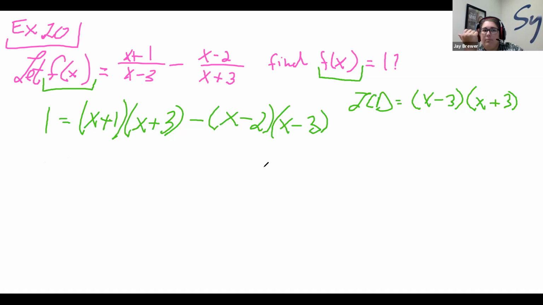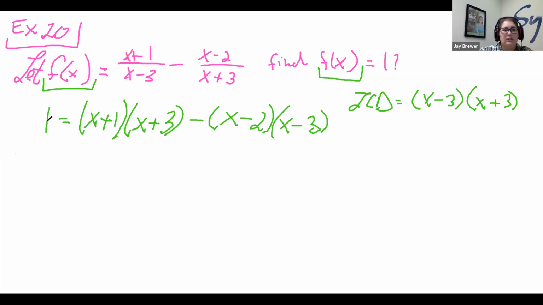We multiplied top and bottom by what? We multiplied by our LCD, right? To get rid of the fractions? Well, if I do that on the right-hand side of the equation, what do I have to do on the left-hand side? If I want to keep it equivalent, I have to multiply it on the left-hand side too, right?